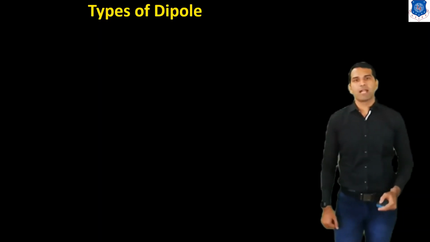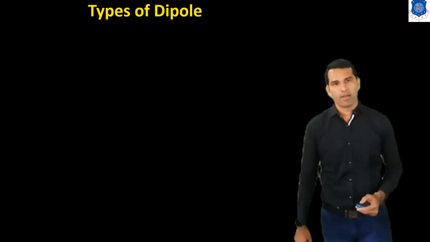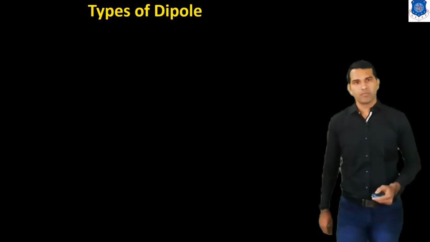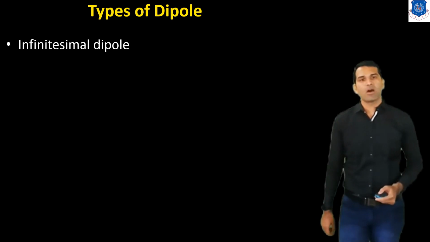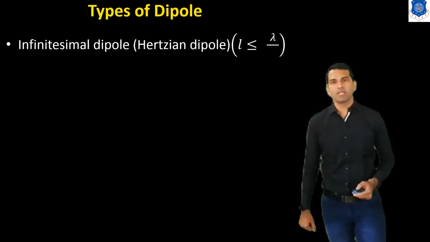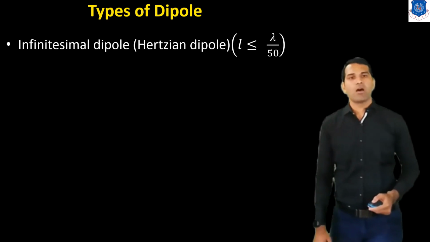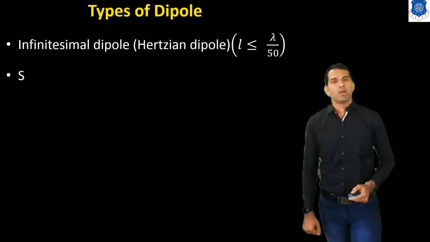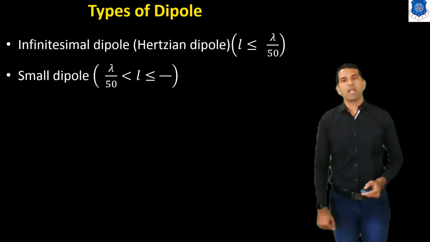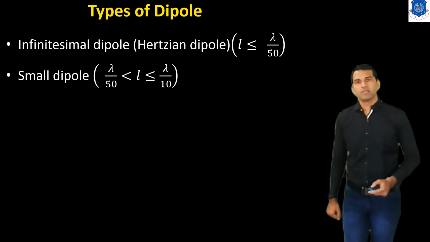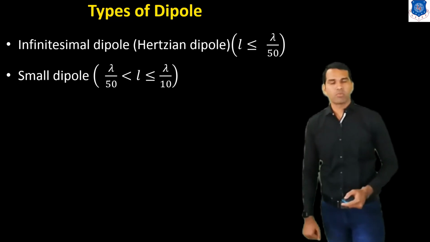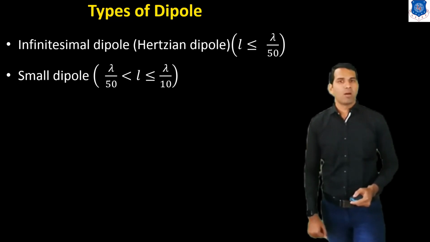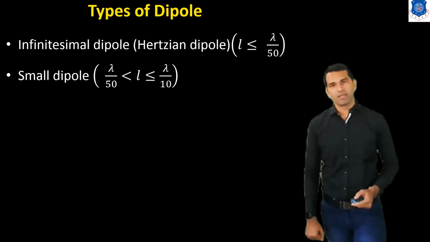First we start with the types of dipole antenna. Mainly, the dipole antenna is divided into three categories. The first type is the infinitesimal dipole antenna, also known as the Hertzian dipole. The second one is the small dipole antenna, whose length is between lambda by 15 and lambda by 10.